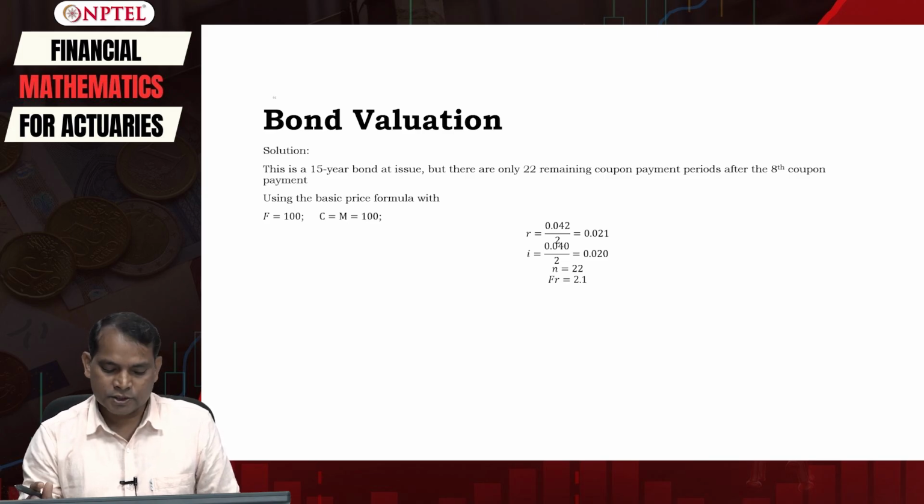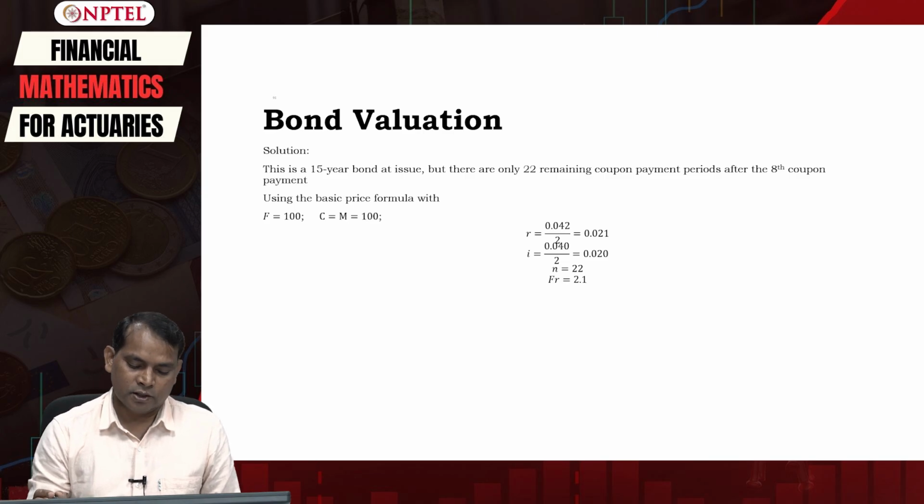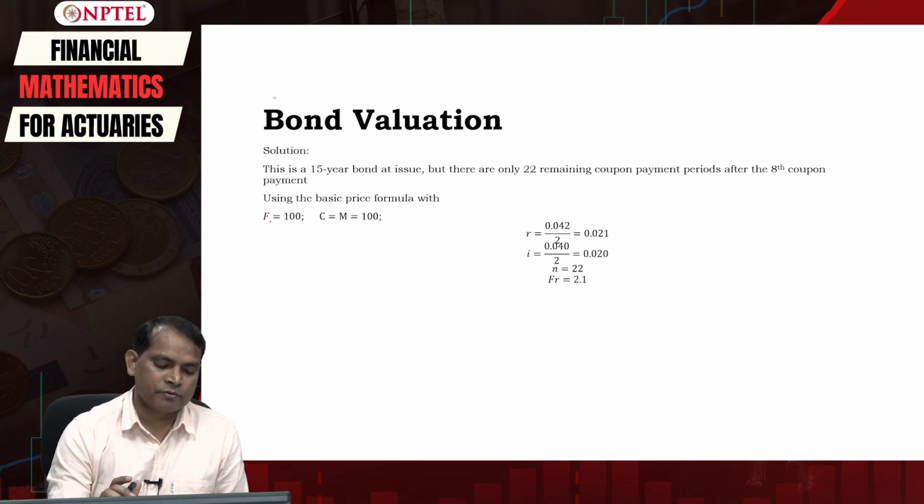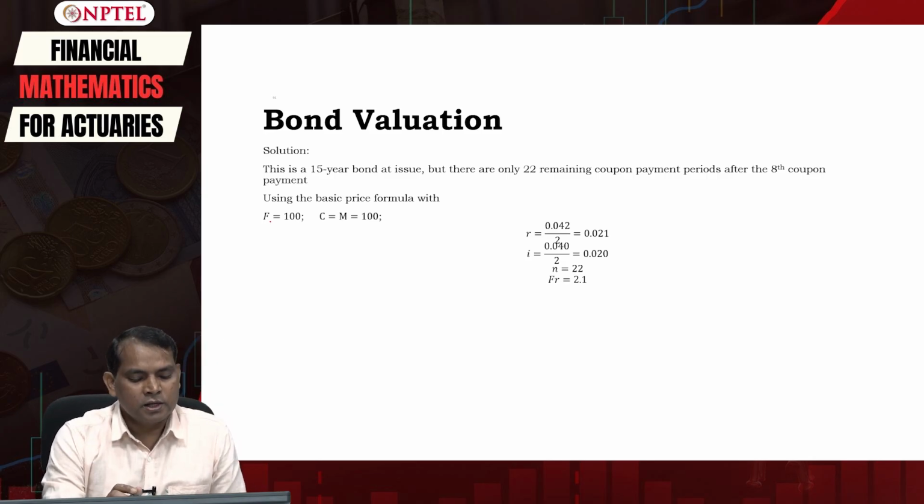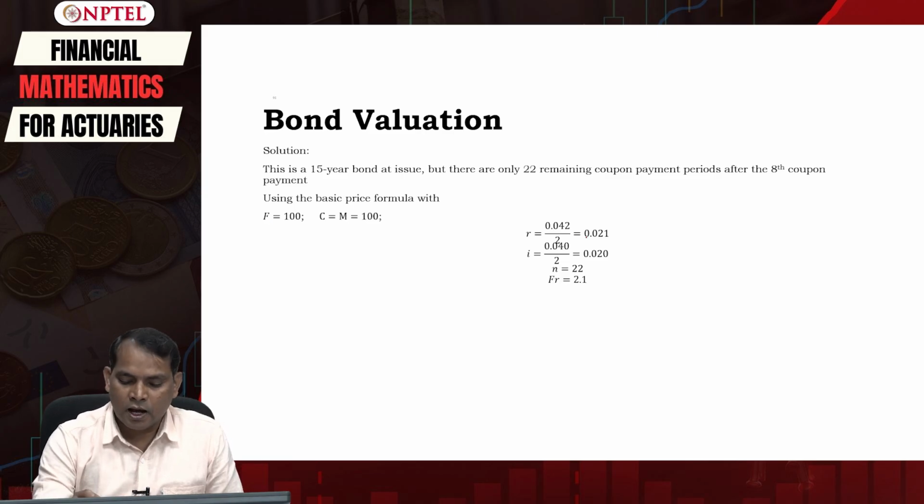So, using the basic price formula again, with the given information, that is F is equal to 100 and C is equal to 100, and R is given as 4.2%. So, you will divide this by 2 to get the R to be used, that is 0.021.